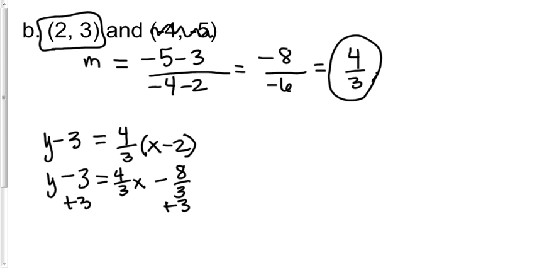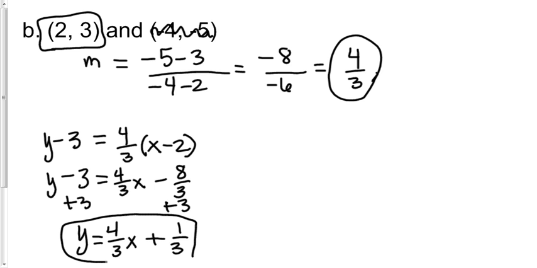And I get y equals 4/3 x, and now -8/3 plus 3 leaves me with +1/3. There's our equation. And again, this tells you that the slope is 4/3, and the value on the end here is the y-intercept. 1/3 is the y-intercept.